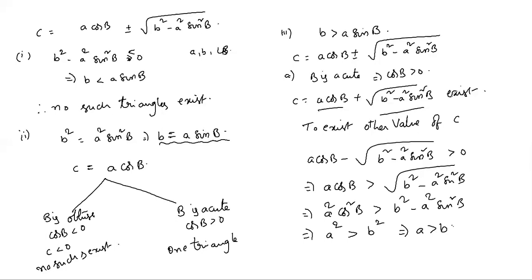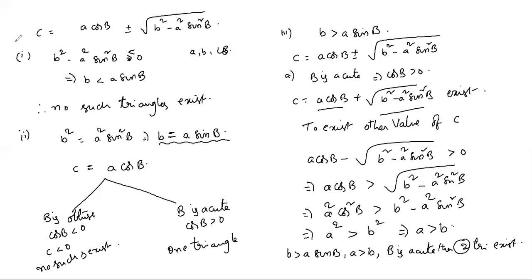Already one value exists for any acute B. So if B is greater than A sin B, A is greater than B, and B is acute, then two triangles exist, because two values of C exist.